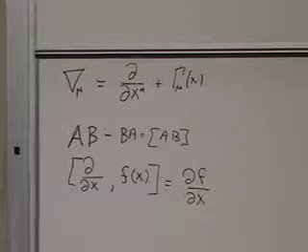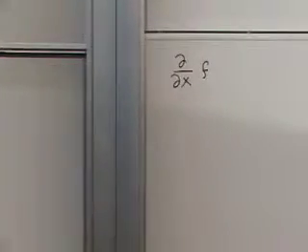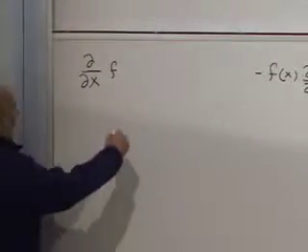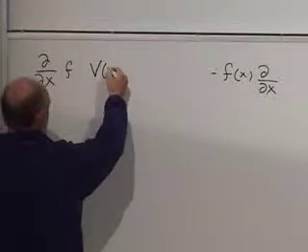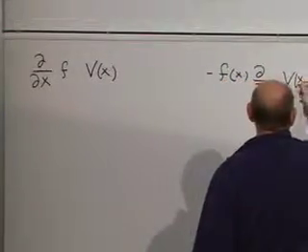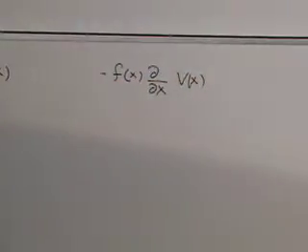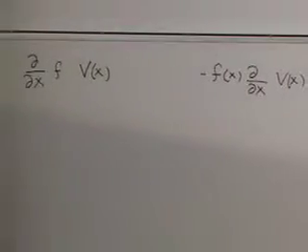Now, what's the difference between these two? Well, it's hard to say what the difference between these two are until I tell you what they do. What they do is they act on functions of x, let's say v of x. Now, what's the meaning of this? This means first multiply by f.